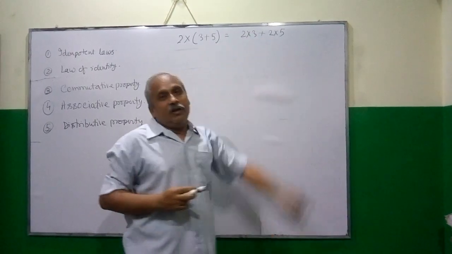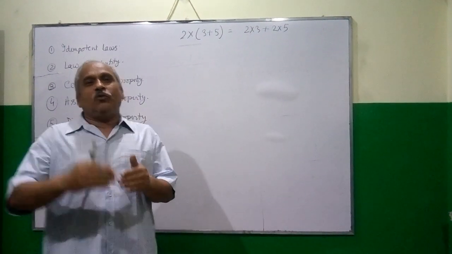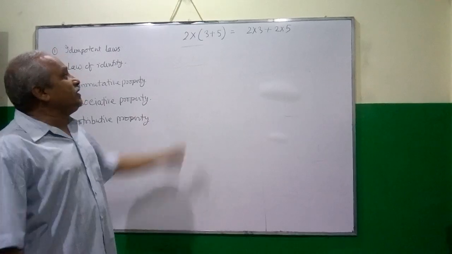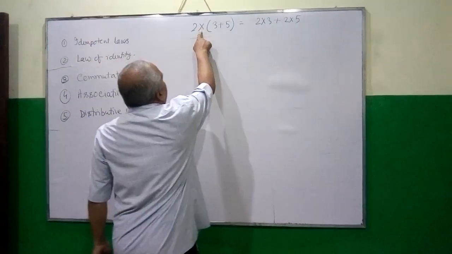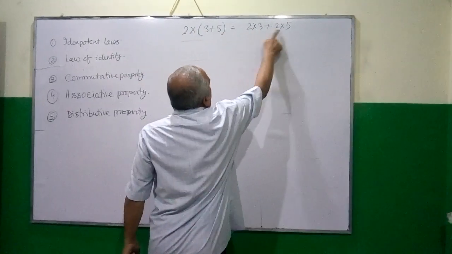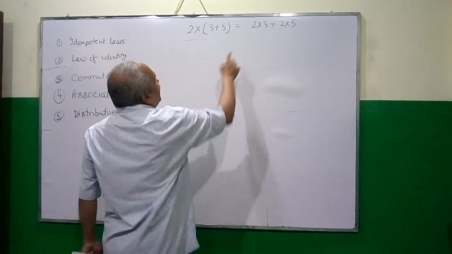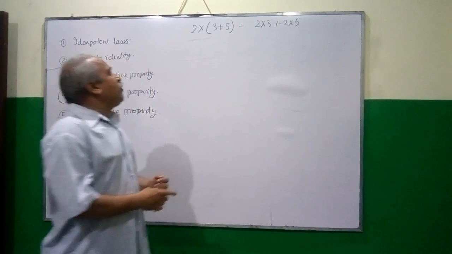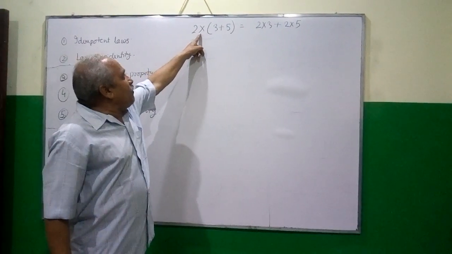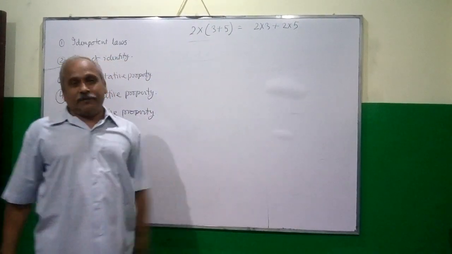That's why it is called distributive property. Distributive means to divide, to distribute. And this into also is distributed. See here, into is here 1, and now it became 2 intos. And this into is distributed over addition. Therefore, we call it the distributive property of multiplication over addition.